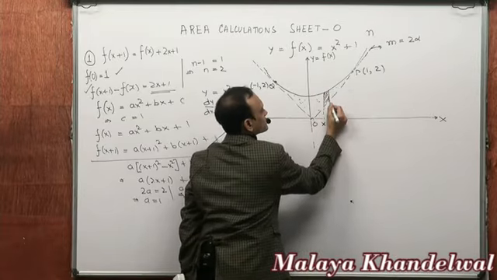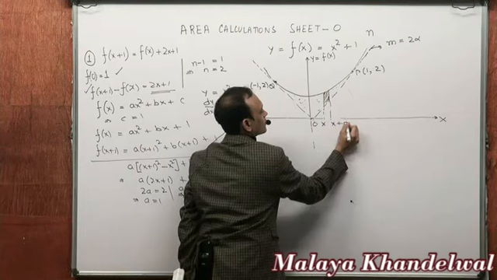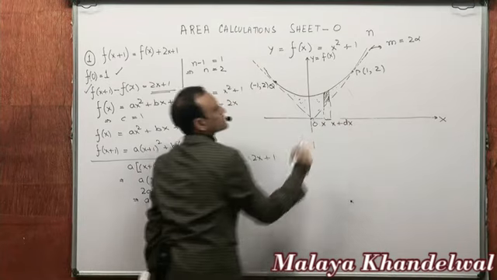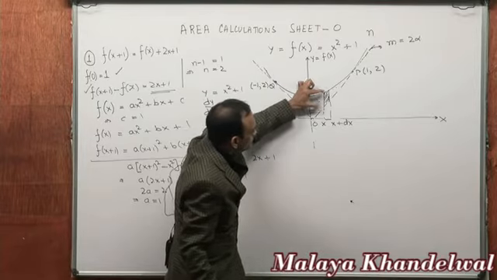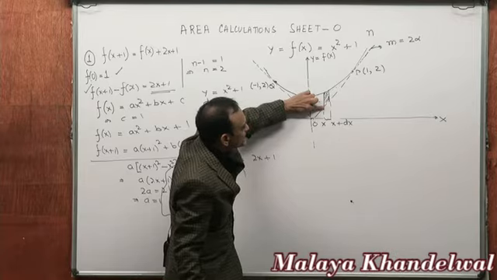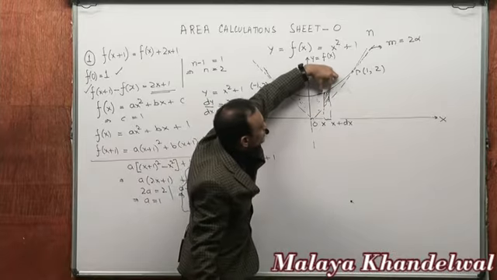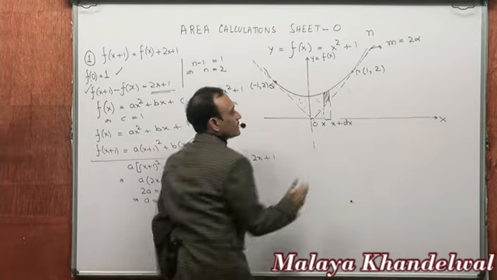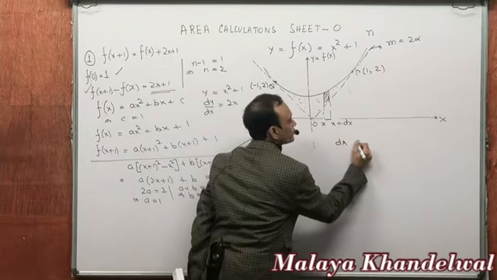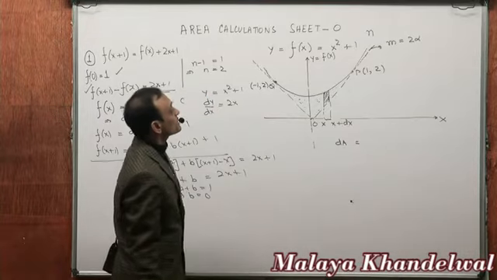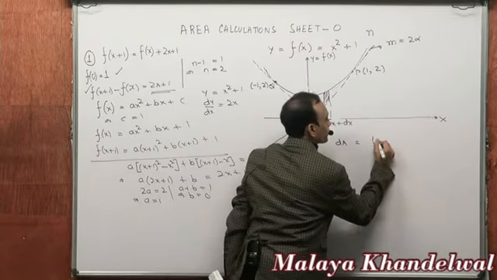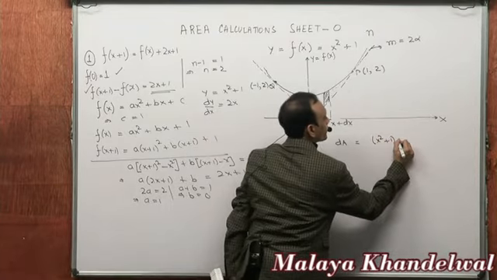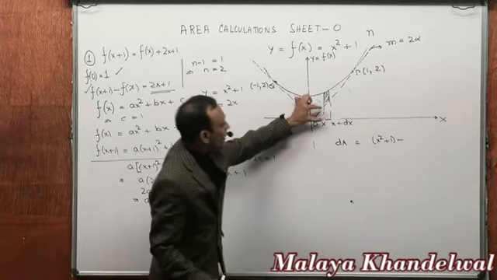At a given x, this is my strip selection, right? What is the length of the strip? y of the curve minus y of the tangent, into dx. That's the area of the strip. So the area dA of the chosen strip would be y of the curve, which is x squared plus 1, minus y of the straight line.